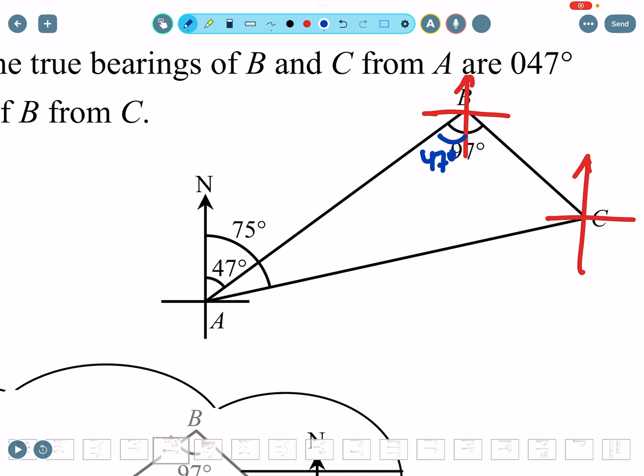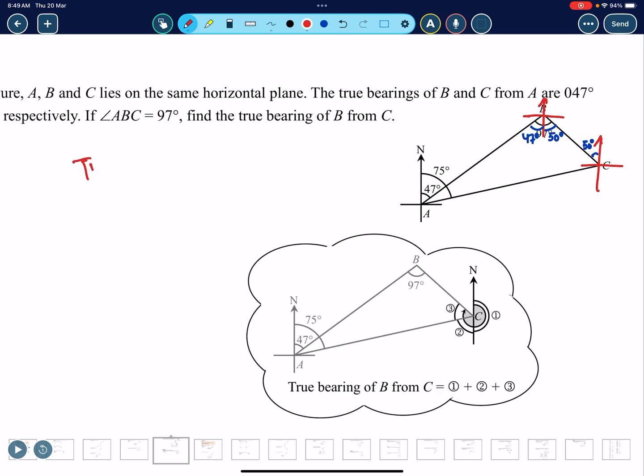This is 47 degrees. So if you do 97 minus 47, it's 50 degrees. This is 50. Now if you go like this, then this should be 50. So true bearing, I think we got the right answer now. True bearing is equal to 360 degrees minus 50 degrees equals 310 degrees. Yes, we got the right answer.